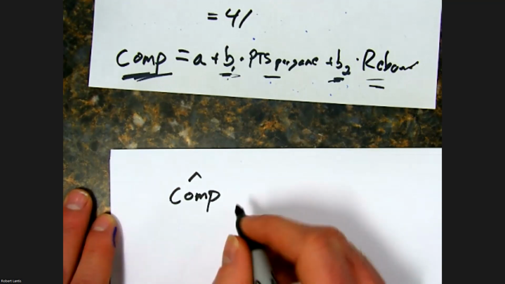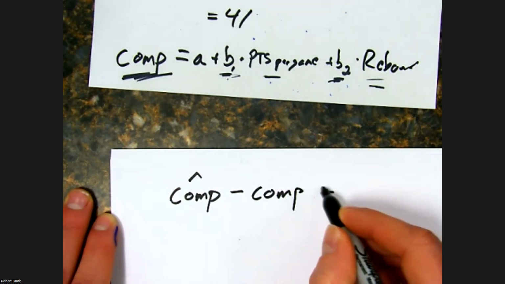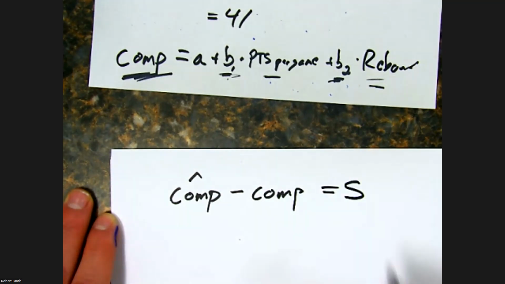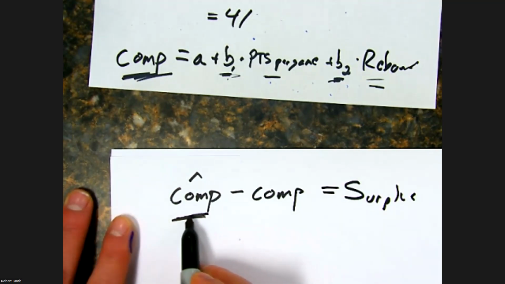We'll then subtract what their actual compensation was, and this is what they're calling S, or that surplus value.